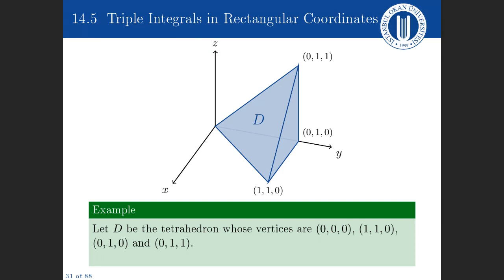Look at this tetrahedron. This is a tetrahedron where the vertices are at the origin, at 1, 1, 0, at 0, 1, 0, and at 0, 1, 1. I want to set up the limits of integration over D using the order dz, dy, dx.